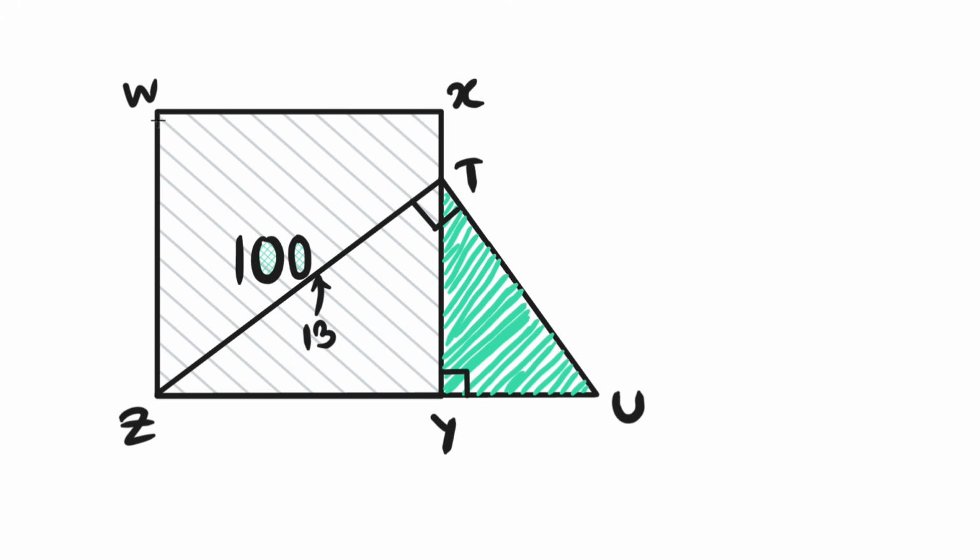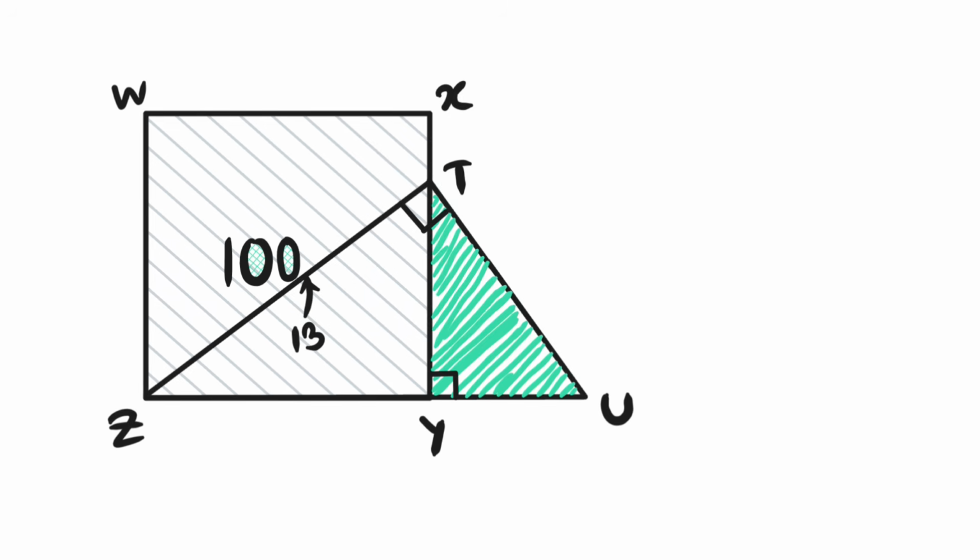Let's start with the square WXYZ. We know that the area of the square is 100 square units. Now, the area formula for a square is side length multiplied by itself, or side squared. So, if we call the side length S, we can write S squared equals 100.